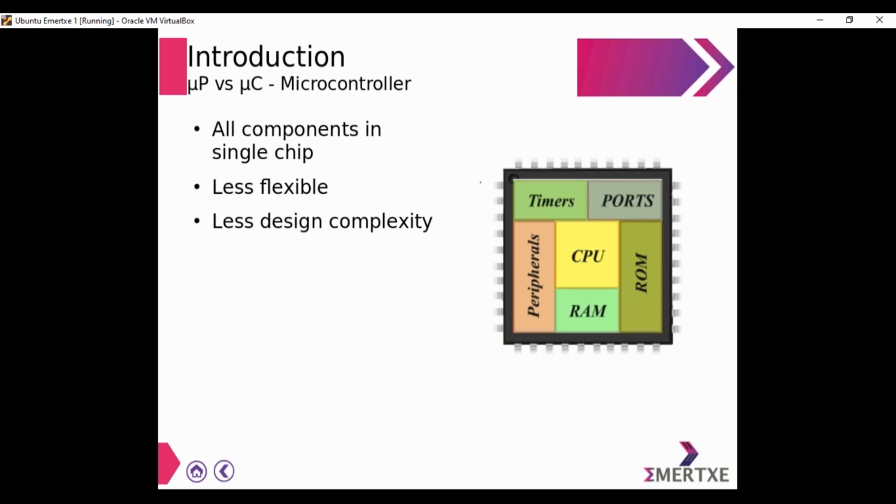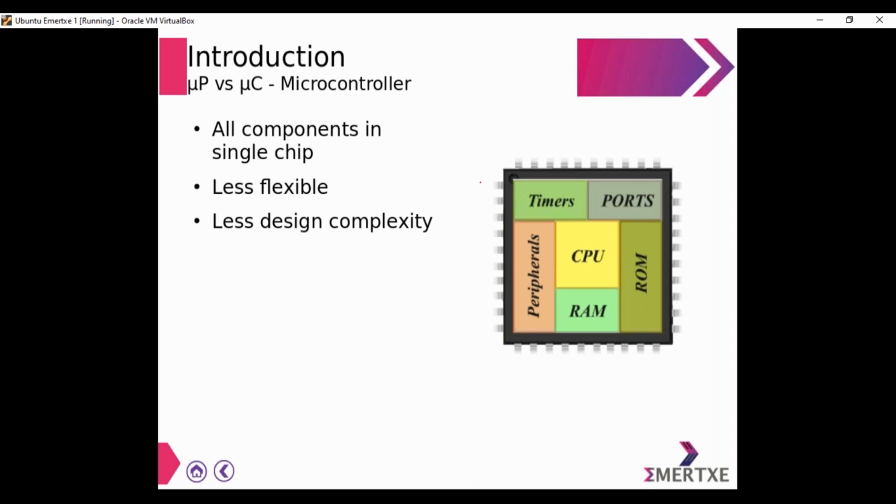Because you will not get the option to choose any particular component, things are built in and already connected to one another, hence the design complexity is also less. So that's the difference between a microcontroller and a microprocessor. So I would say speed matters in several factors.